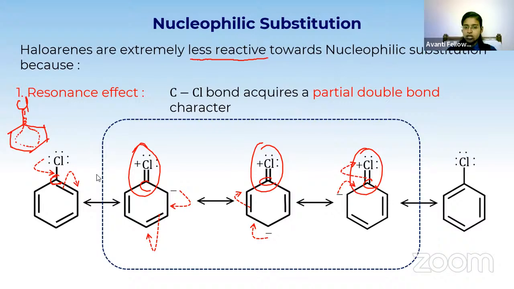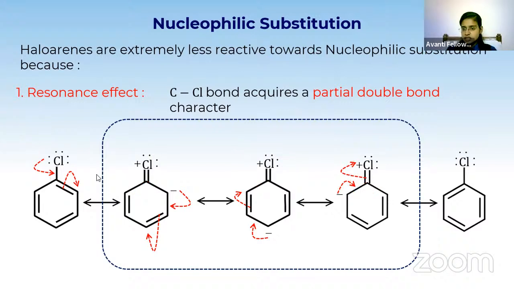All of you can see the resonance hybrid, right? I will draw it here again. Here you see, this is the chlorine, and the pi electrons are delocalized over the 6 carbons and the chlorine.